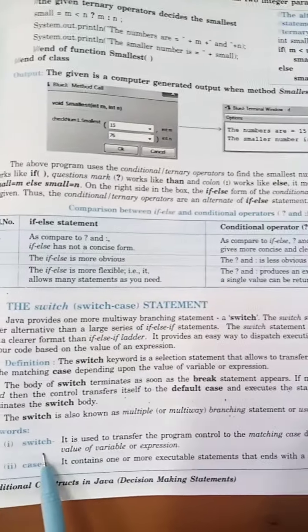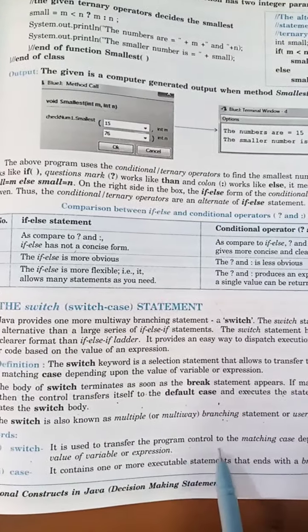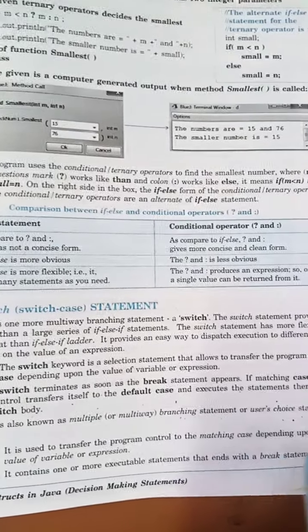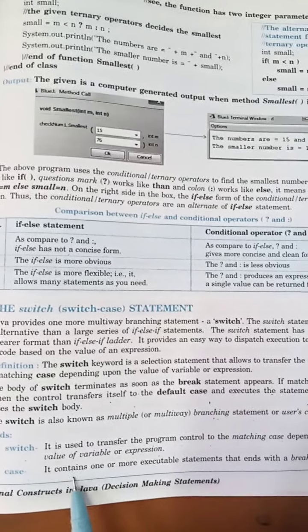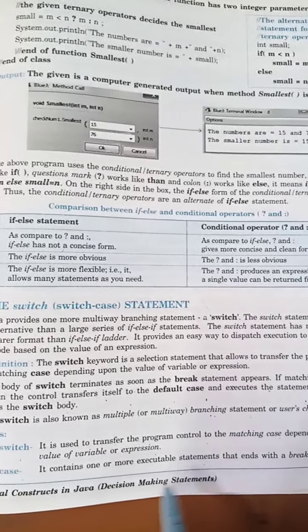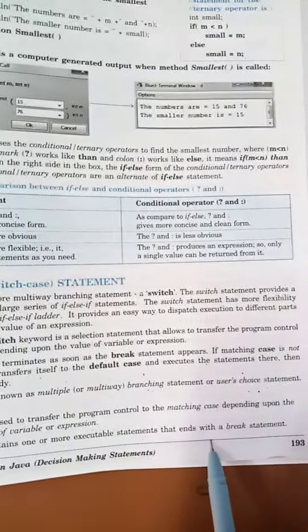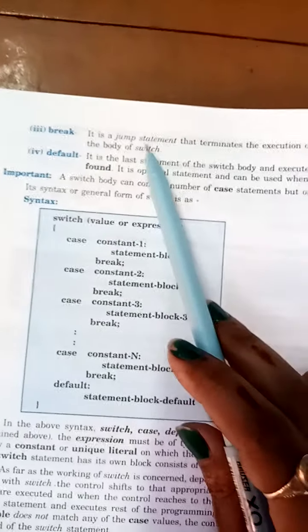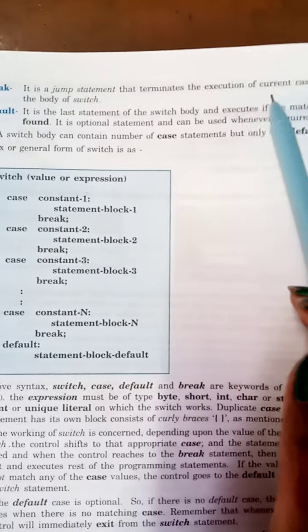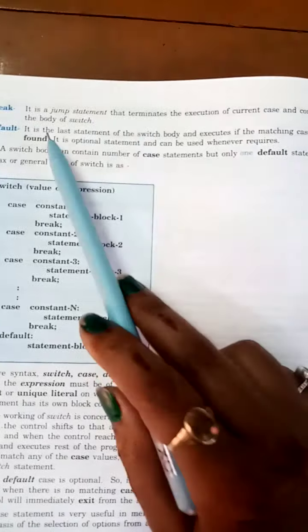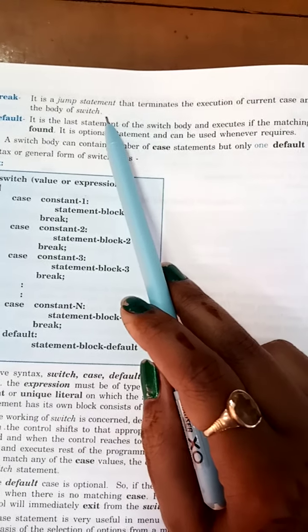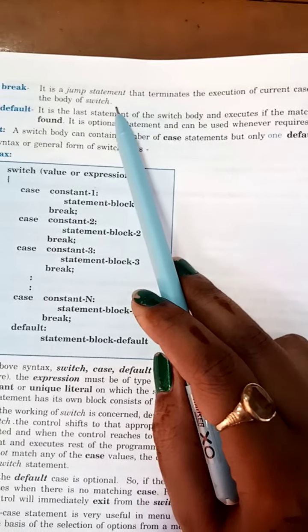So the switch keyword is used to transfer the program control to the matching case depending upon the value of a variable or expression. A case contains executable statements or a set of executable statements that ends with a break statement. Break is a jump statement that terminates the execution of the current case or current block, and comes out of the body of that particular block, in this case out of switch.